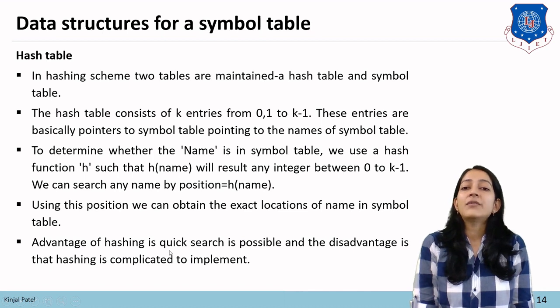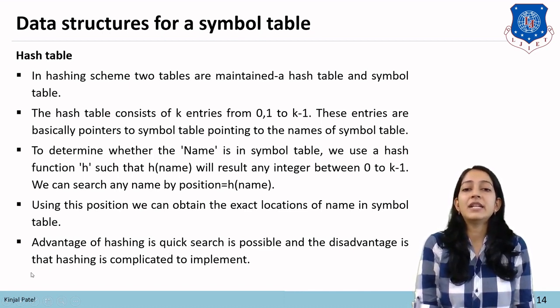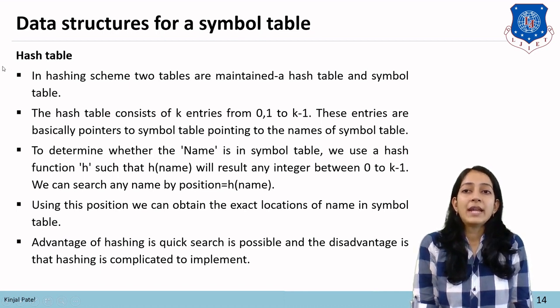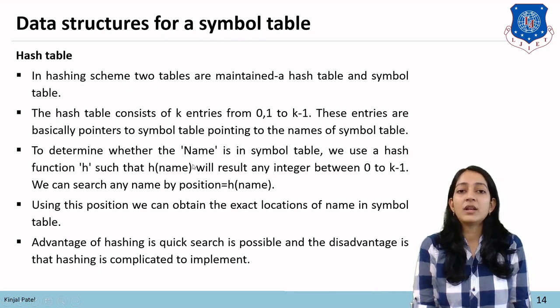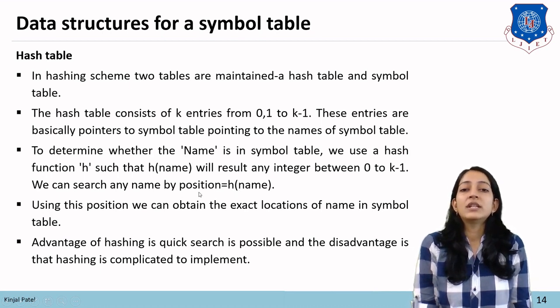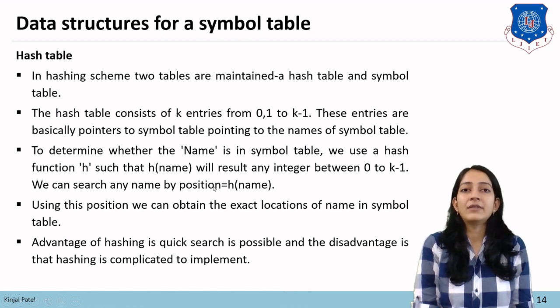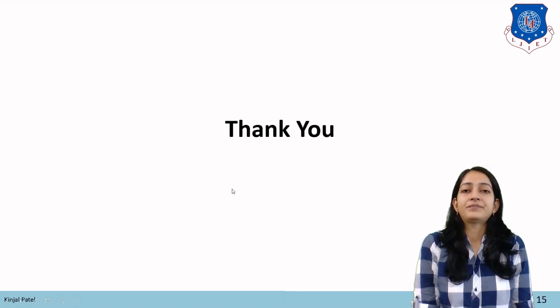The advantage of hashing is that quick search is possible, and the disadvantage is that hashing is complicated to implement. The most popular technique is the hash table, which is a quick searching method because using the hash value we can directly retrieve the name we want.